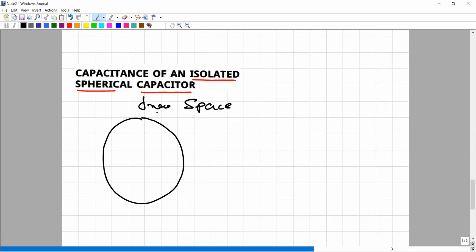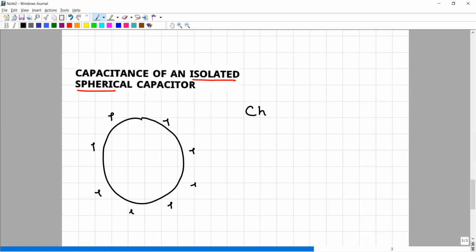We are going to calculate this whole thing on the basis of free space, and that is why we are going to use the value epsilon naught. Now if you give some charge on this spherical conductor, which you now call a capacitor as an object, it will develop some potential.